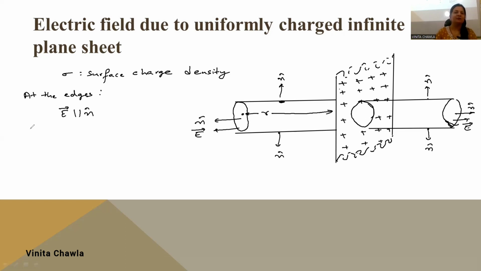So electric flux at the edges will be E ds, and we have two edges here. So electric flux at the edges is 2 E ds.